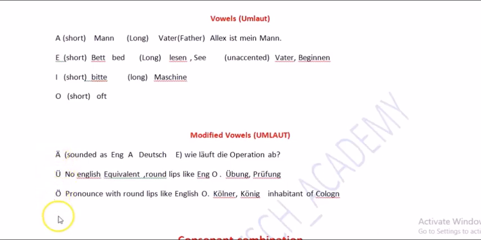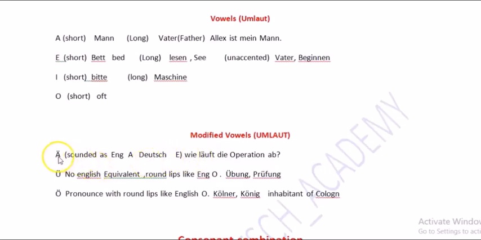These three are pure German letters: A with two dots on top, O with two dots on top, and U with two dots on top. Why are they called modified? When they are used in a word, they change their sound. Because of that they are called modified.